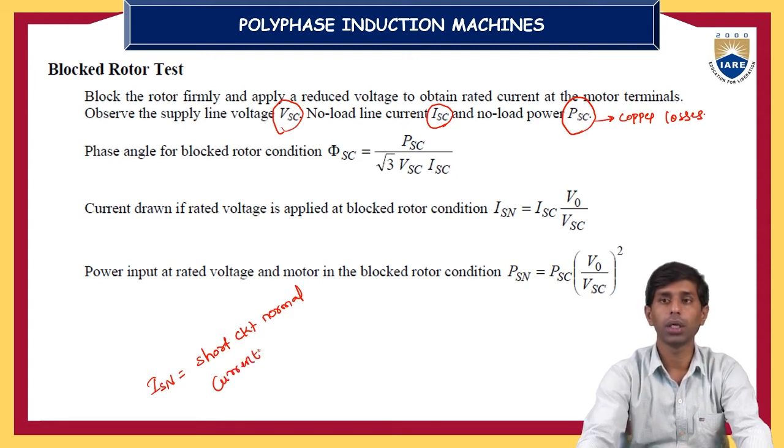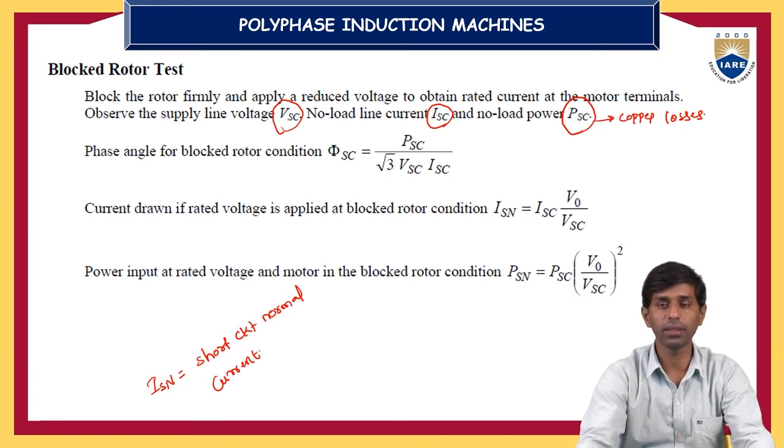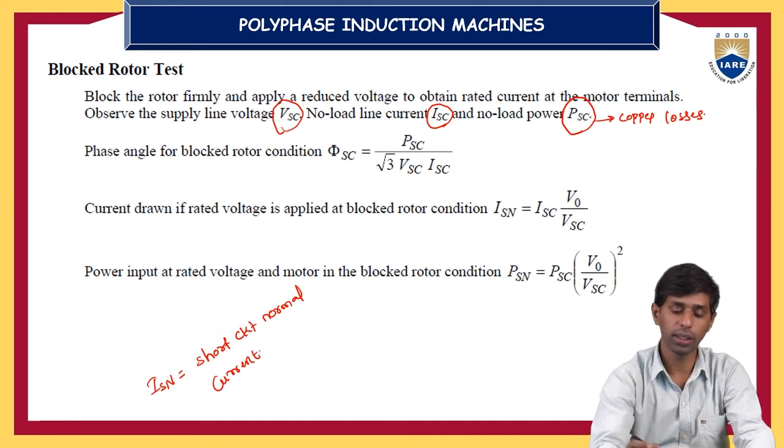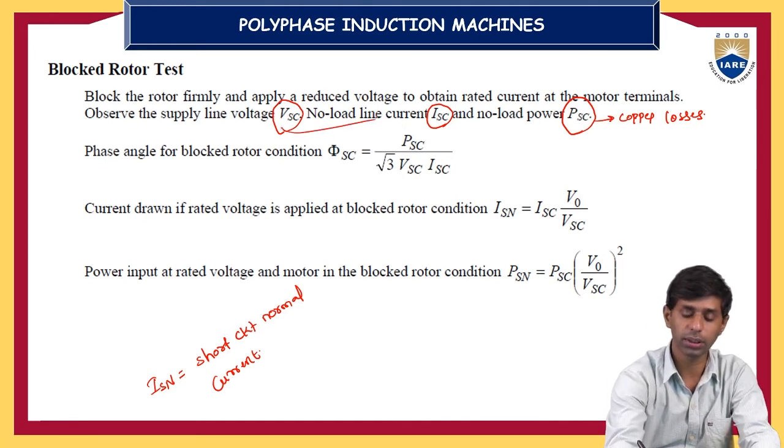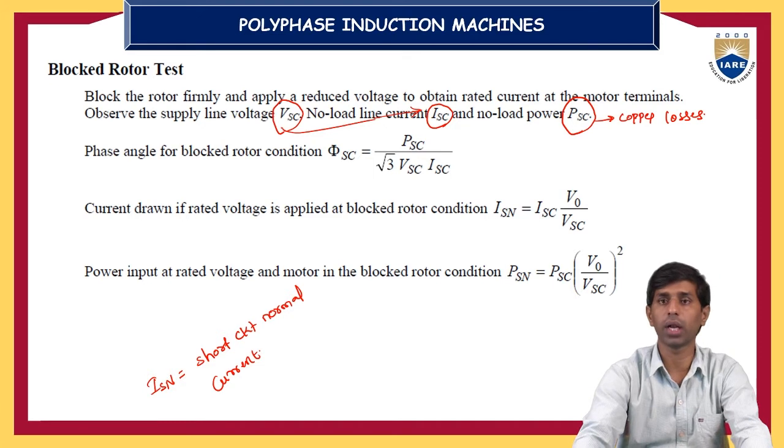Under block rotor test, only the reduced voltage causes the flow of rated current, that is called ISC.